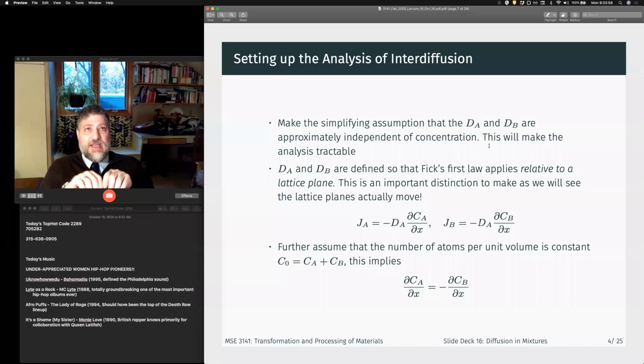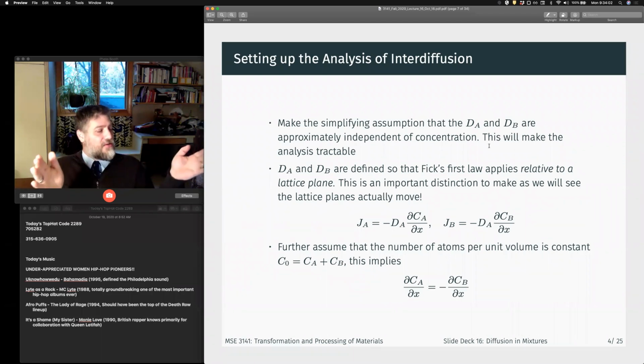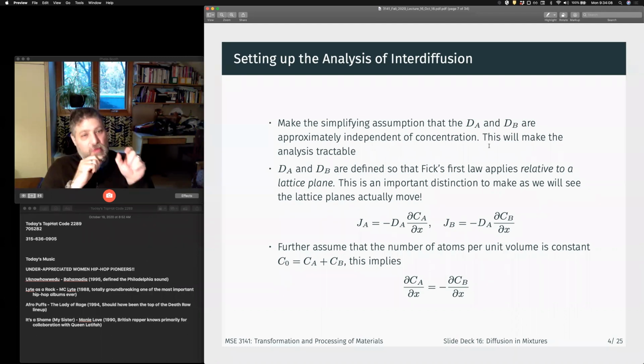We're not saying independent of concentration over the whole 0 to 100, pure A to pure B, but in some small region of concentration, about 50%, we're going to assume that it's approximately uniform, right? This means we're going to be able to make the analysis at least tractable in that region.